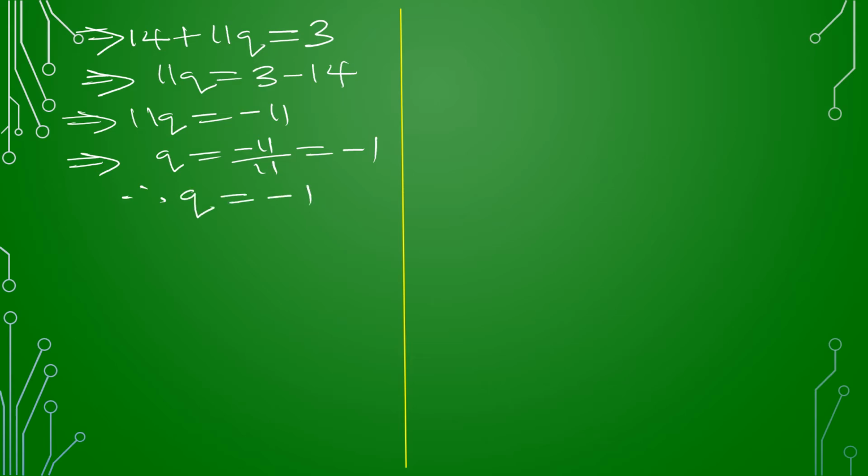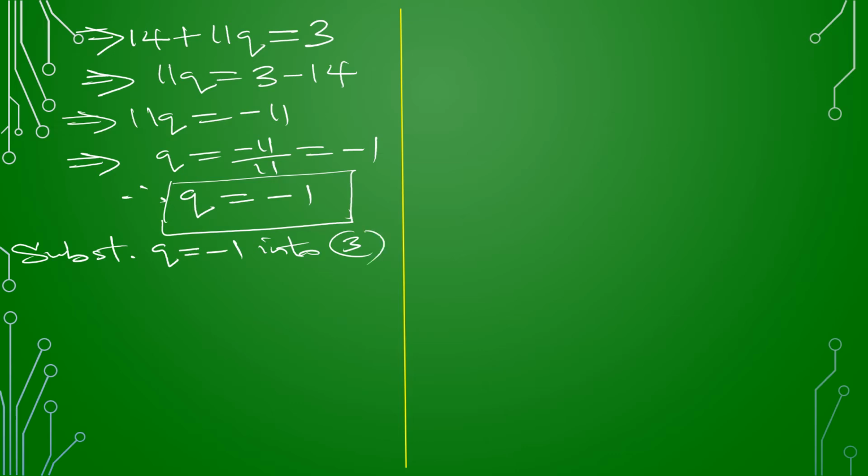Therefore, our Q is equal to minus 1. So take note of this. We have gotten the value of Q. Now substitute the value of Q as equal to -1 into equation 3. We now have 2P plus Q as equal to 3. Now this means we have 2P plus -1 as equal to 3.